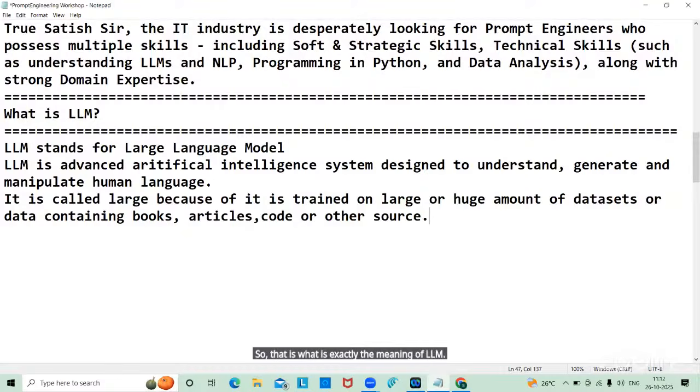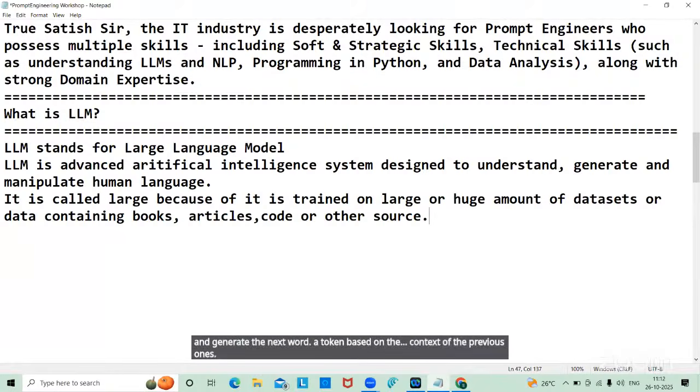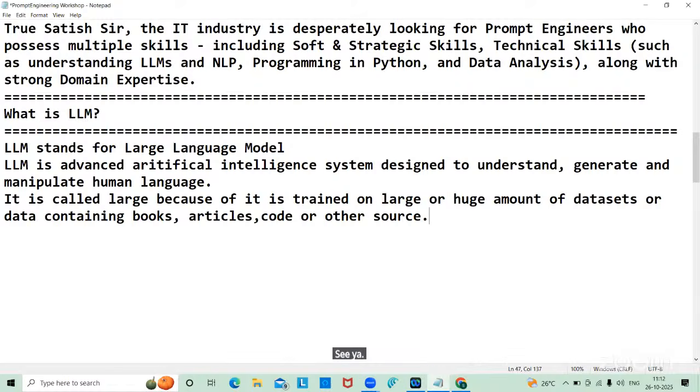In simple terms, an LLM predicts and generates the next word or token based on the context of the previous ones. Are you getting it or not?